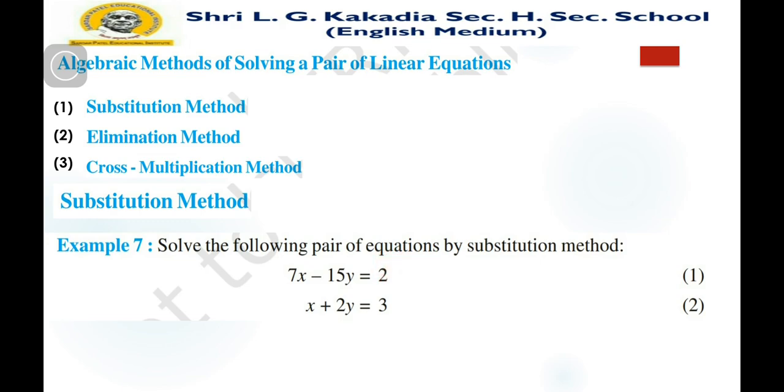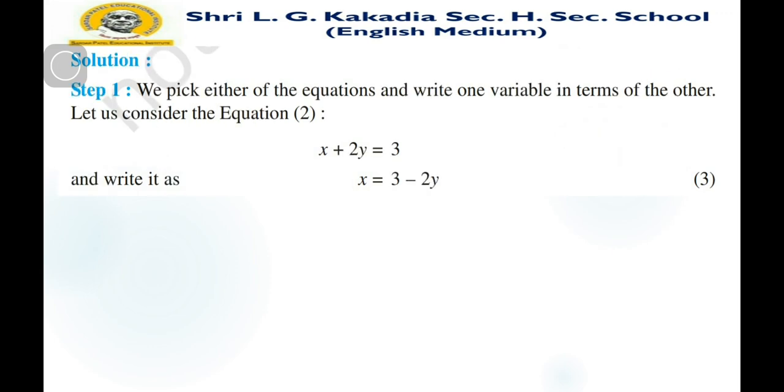So let us see the solution. The first step that we are going to follow, step 1: we pick either of the equations and write one variable in terms of the other. Let us consider equation number 2, x plus 2y is equal to 3. Now we will find the value of x.